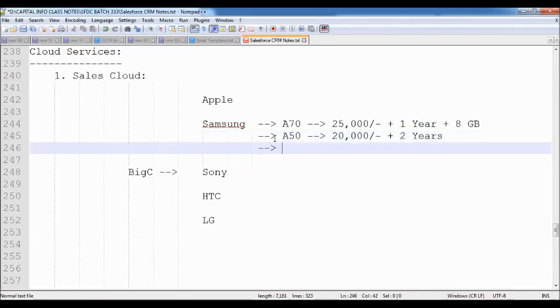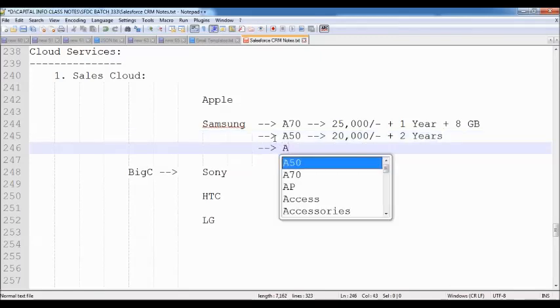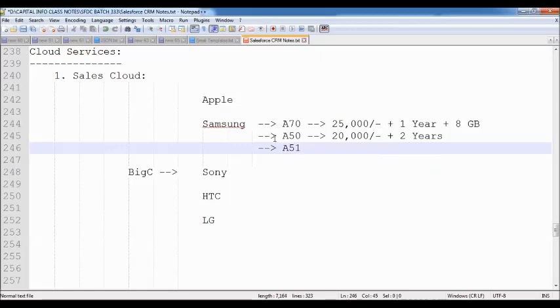And whenever they sell a model like A51 or A50, they charge 20,000 to 25,000 rupees as the mobile cost, along with 2 years of free insurance service, and they also provide a flip cover for that mobile.